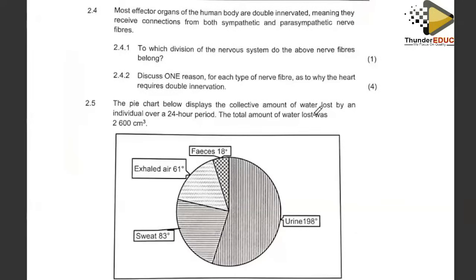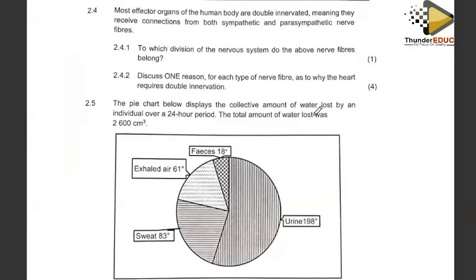Which division of the nervous system do the above nerve fibers belong to? They belong to the autonomic nervous system. Remember, we said that the autonomic nervous system is divided into two, that is sympathetic and parasympathetic, which work antagonistically.